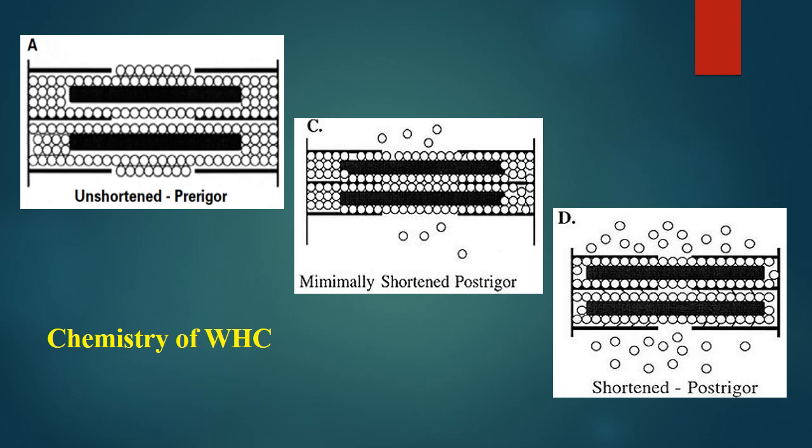Whereas in the further post-rigor one, when the shortening is very high, the acute stage of rigor mortis, a large amount of water is coming out, as we can see from the bubbles. That indicates more water is coming out, so water holding capacity is less. So the more the shortening, or the more advanced the rigor stage, the less is the water holding capacity.